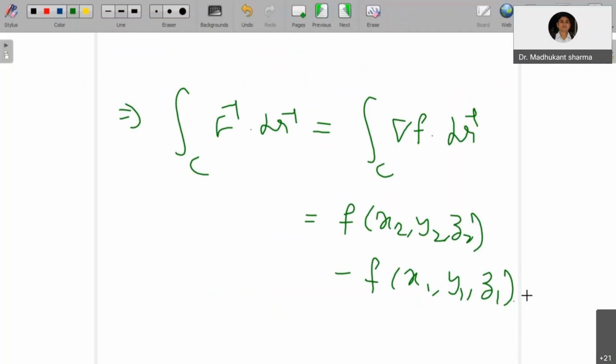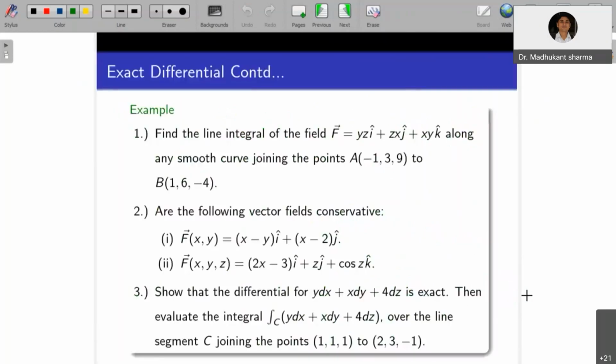Okay, right. So exact differential implies conservative. Conservative implies exact differential. So let's do some problems. Okay. Now let's do the first problem.